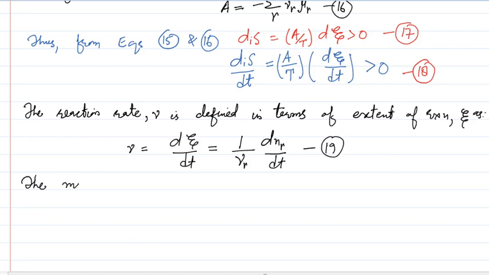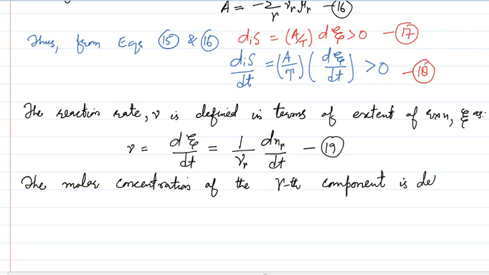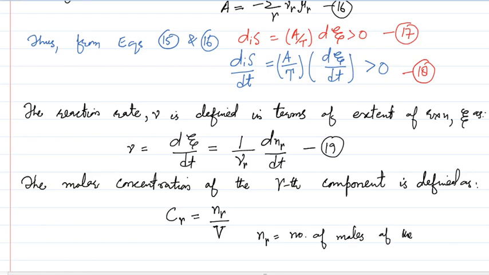Also, the molar concentration of the gamma component is defined as, that means we will simply write molar concentration with C gamma, which will be simply equal to n gamma upon V. Here n gamma is nothing but the number of moles of the gamma component.